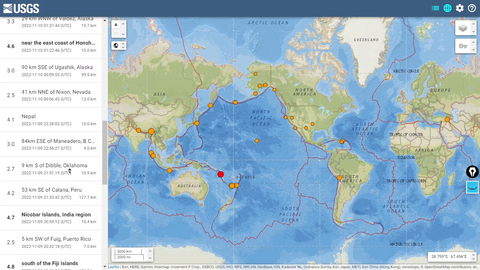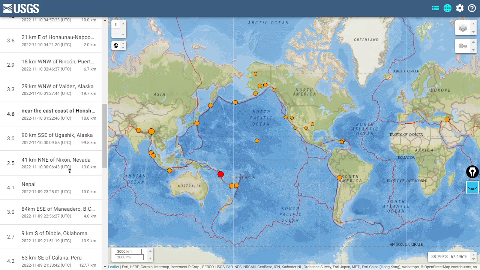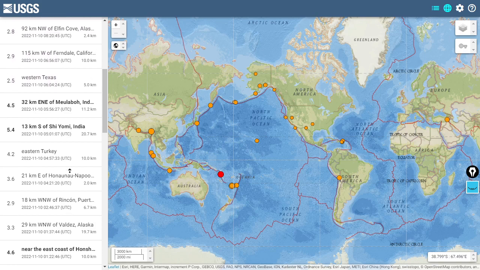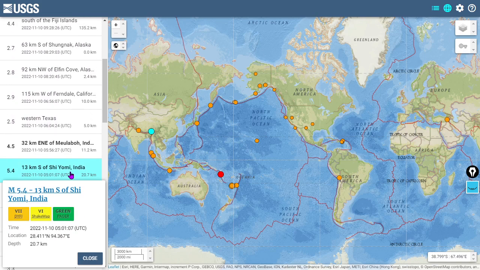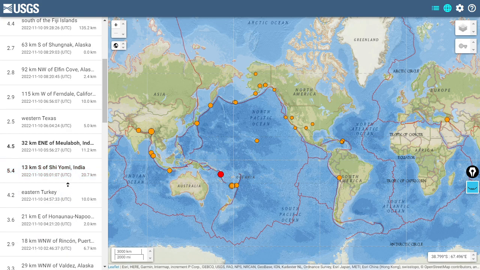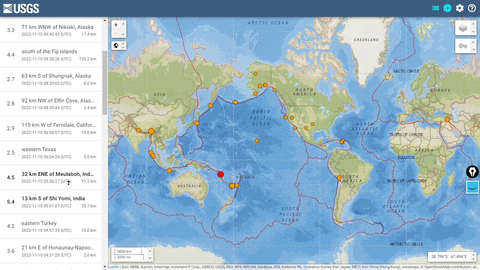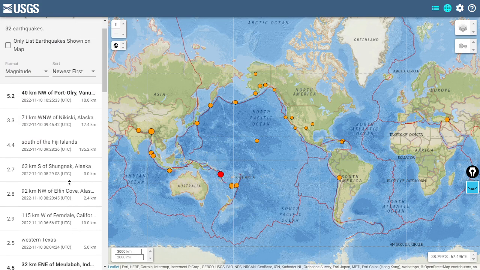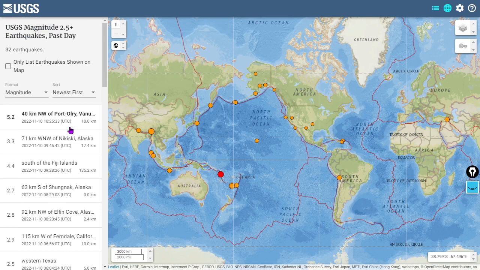Remember, folks, any earthquake can be a foreshock, so stay vigilant. The largest quake of the past 24 was actually a 5.4 in India. Looks like it's in the eastern Himalayas. Vanuatu had a 5.2. That one just came in as we did show prep.